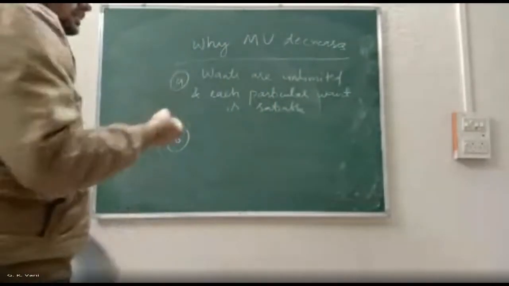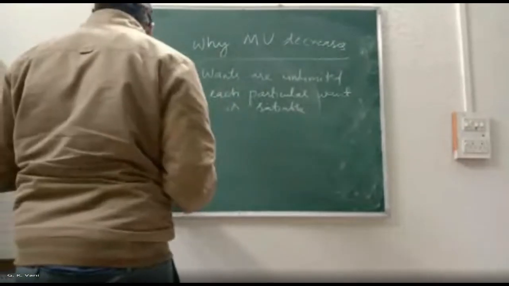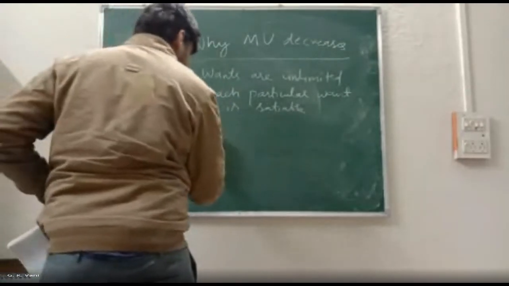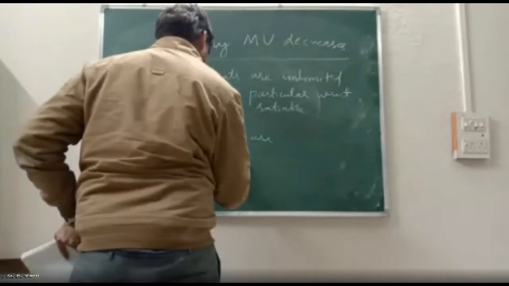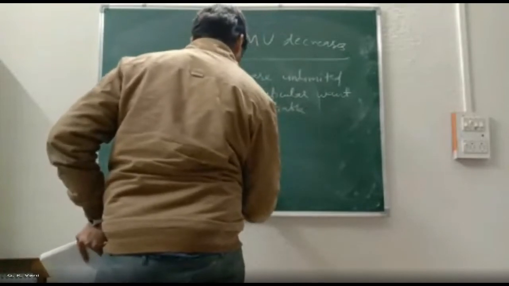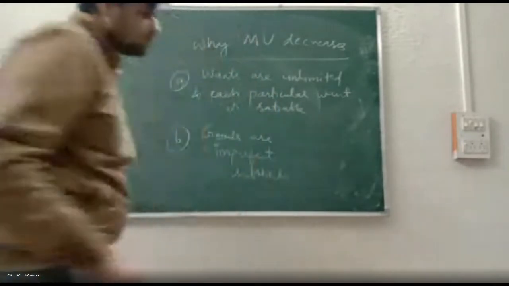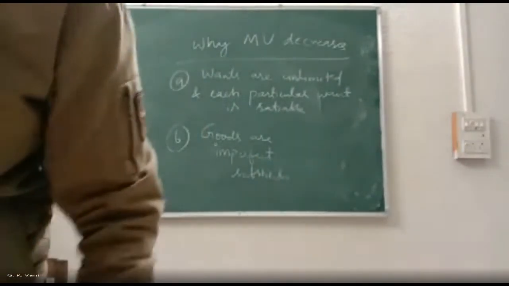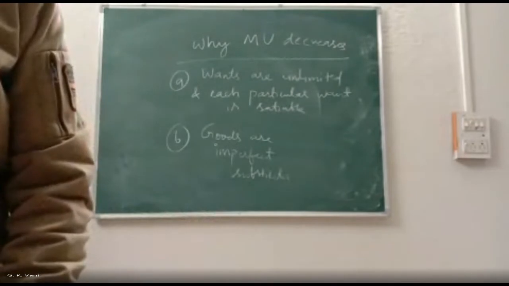Because wants are unlimited, everyone knows, and each particular want is satiable. Second is goods are imperfect substitutes. So because of these two reasons, marginal utility decreases.